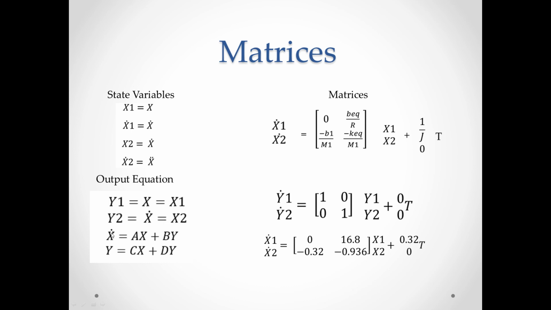Then you have x dot equals Ax plus Bu, then your y equals Cx plus Du. And then you have the matrices from this equation here, y dot 1, y dot 2 equals all this. And then you have this same equation here with your values plugged into it, leaving you with this matrix.